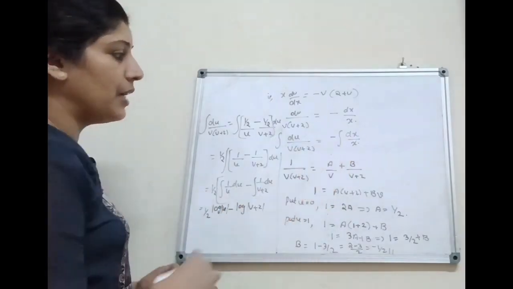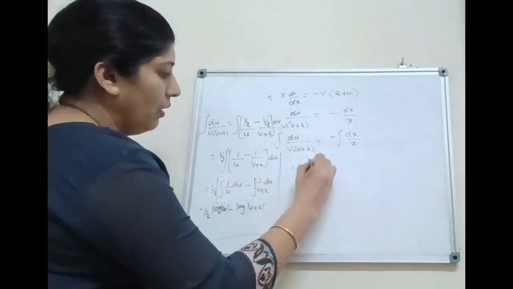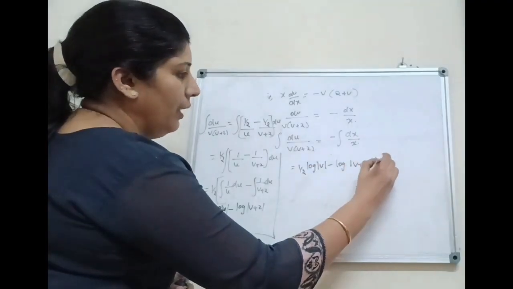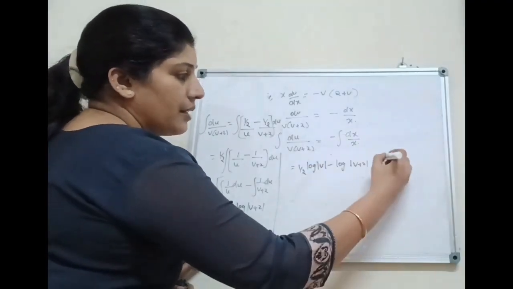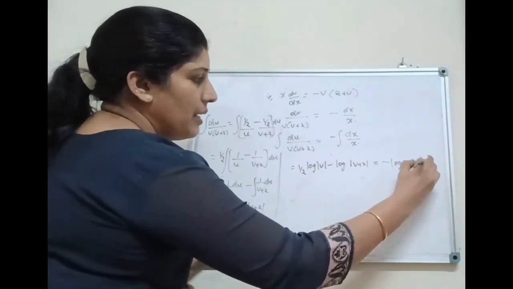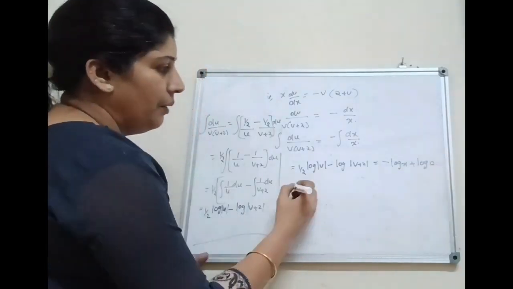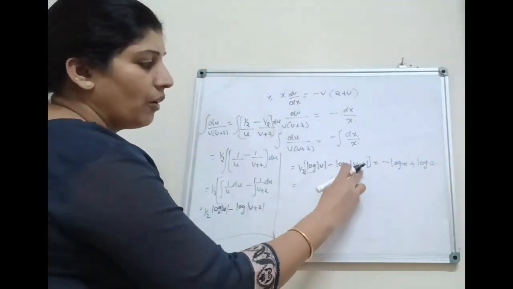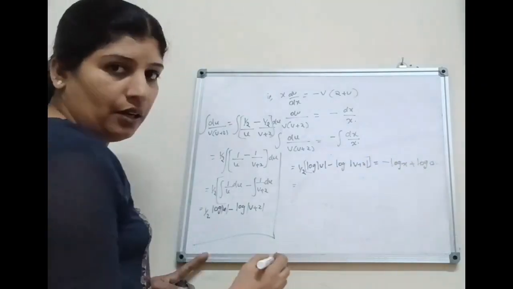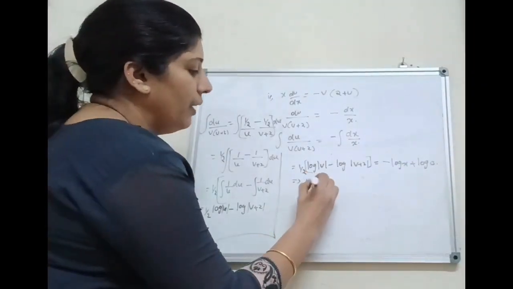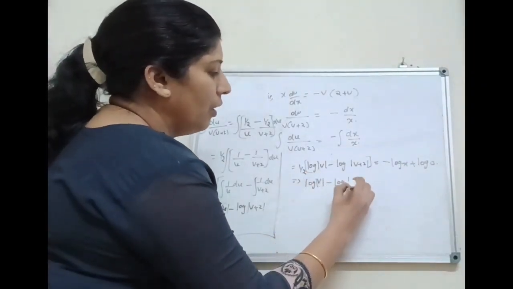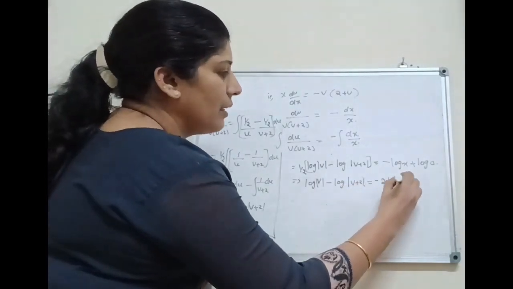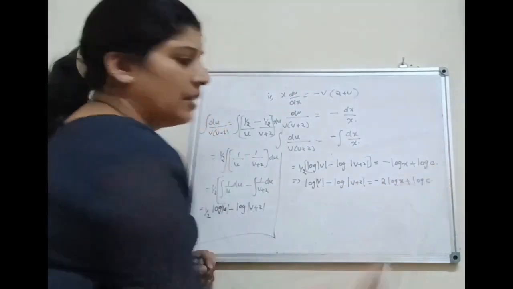Therefore, this integral will become 1 by 2 into log v minus log v plus 2 equal to, RHS is minus log x plus log c. That implies 1 by 2 into log v minus log v plus 2 equal to minus log x plus log c. That implies log v minus log v plus 2 equal to minus 2 log x plus log c.